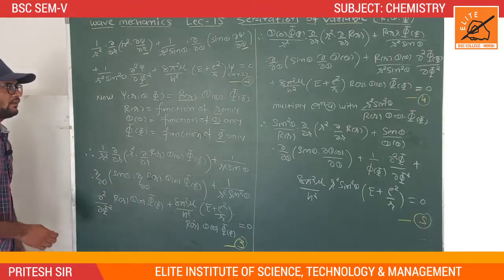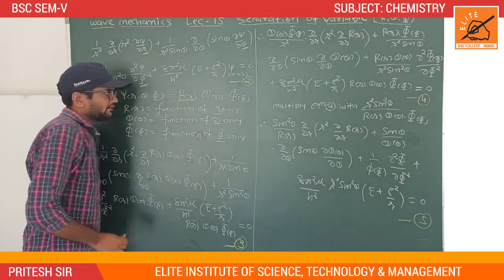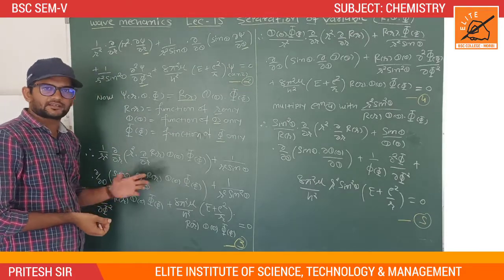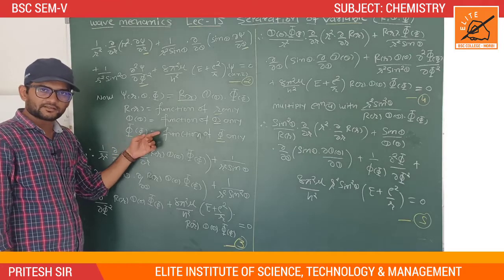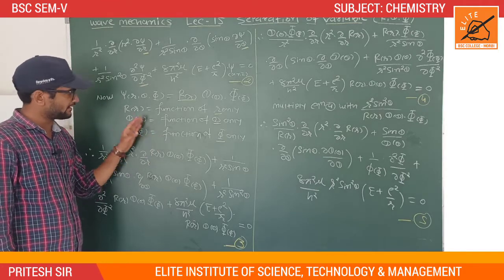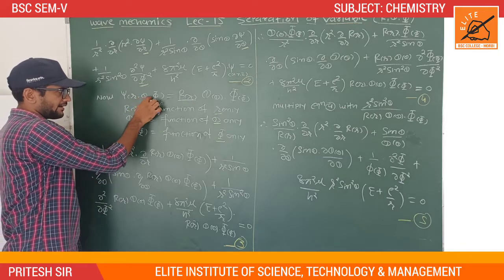Here, the same as for a particle in a three-dimensional box, where three coordinates x, y, z are given, in polar coordinates we have r, theta, and phi.